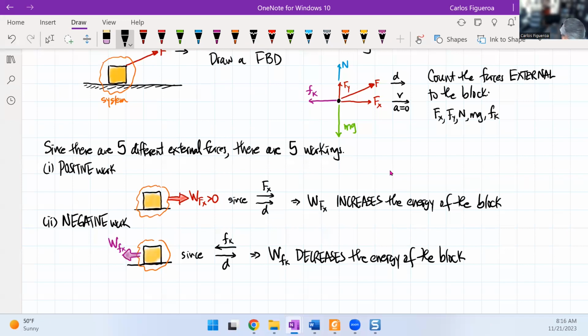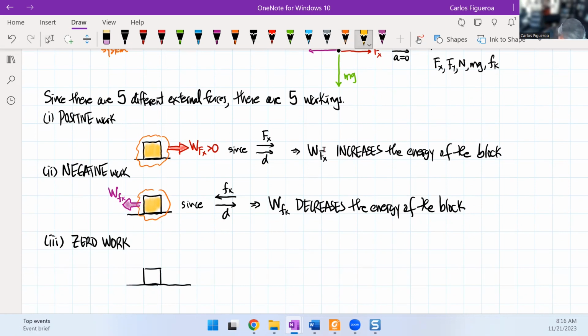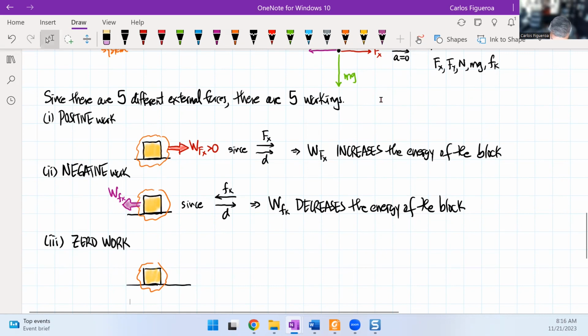And then finally, we can ask the question, is there anything that does zero work right away? In other words, what forces are perpendicular? When I look at my block and ask what is outside of this block, we can see that there are three forces.